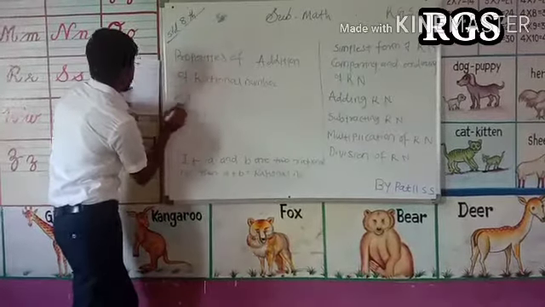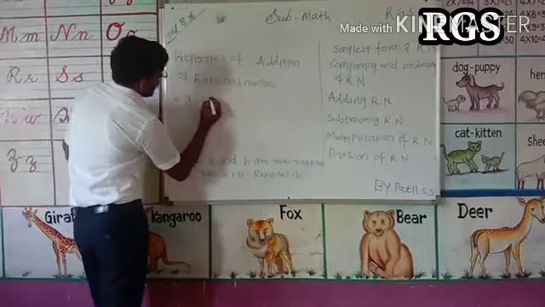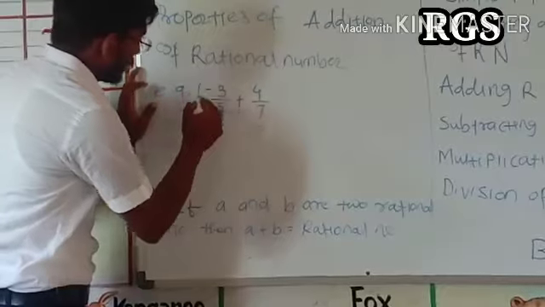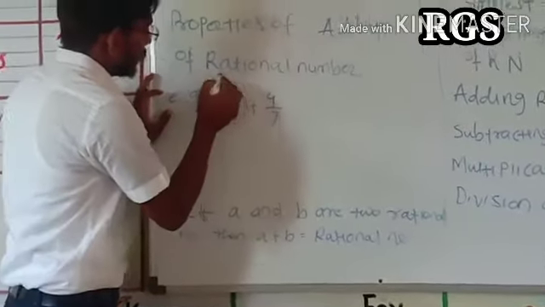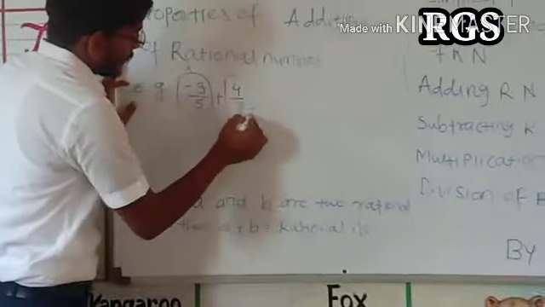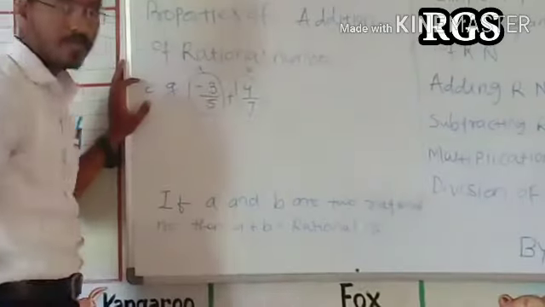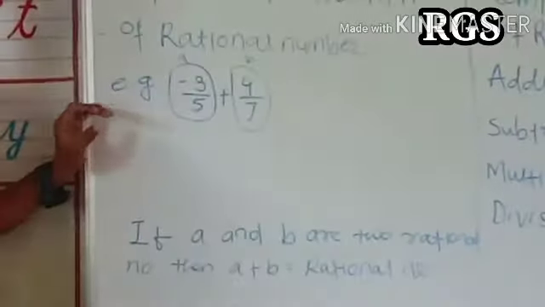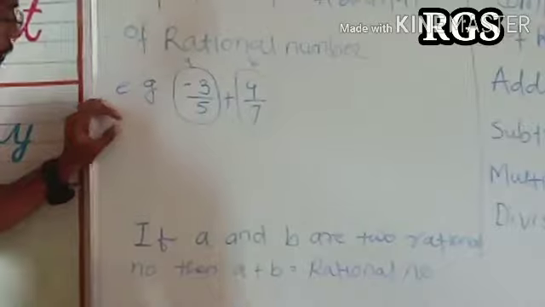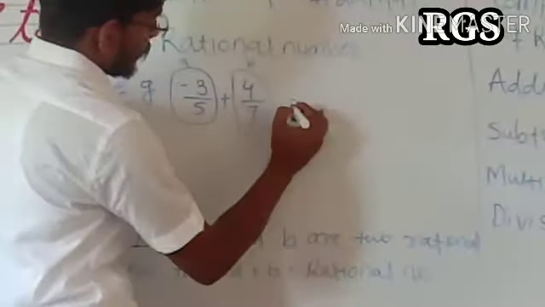Example: minus 3 upon 5 plus 4 upon 7. Now see here how to add these terms. Suppose this is our first term, that is A, and this is our second term, B. Now what is the rule for addition? How do we have to add these both terms?